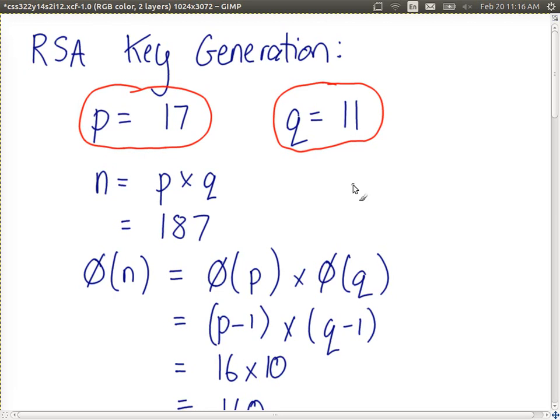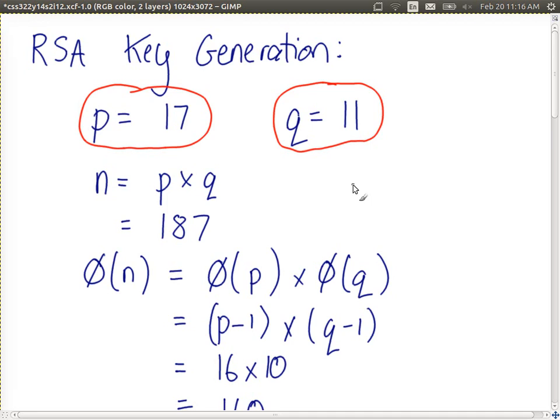N is not kept secret. N is actually part of the public key. An attack may try and find P and Q from N. Okay, so I just said P and Q must be secret, but N can be public.